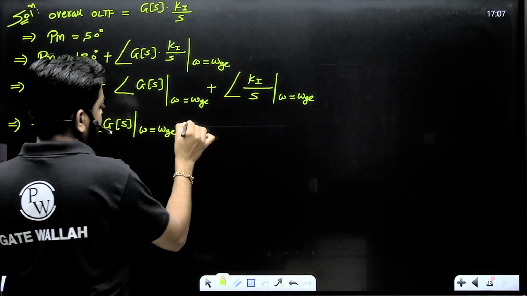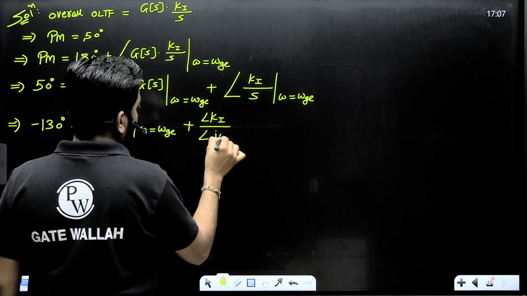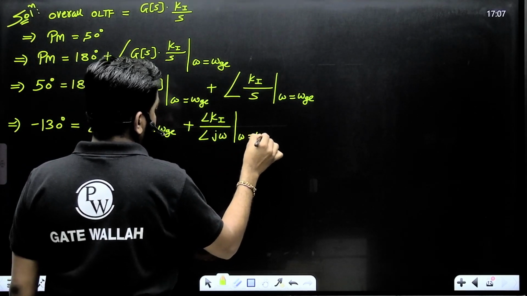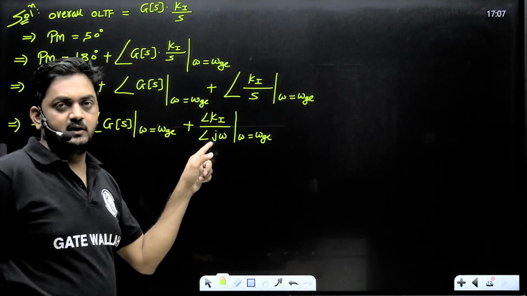What about the angle of Ki by j omega at omega equal to omega GC? Whatever the value of omega GC, this will be minus 90-degree.